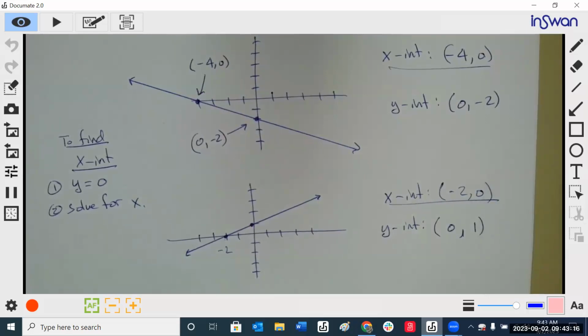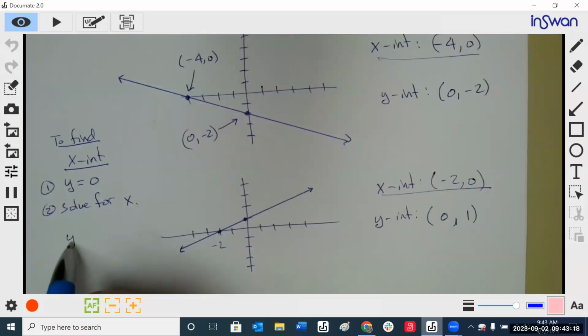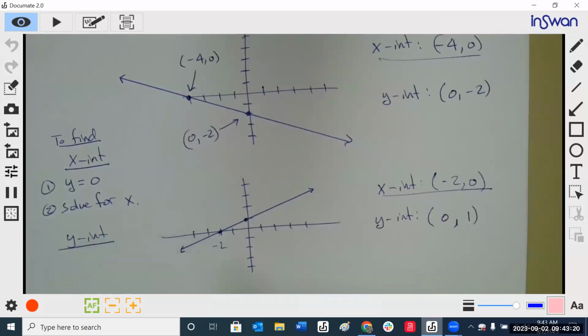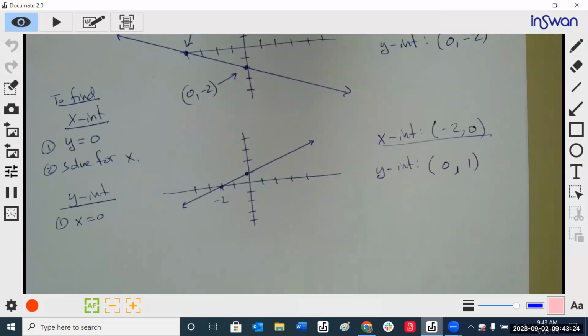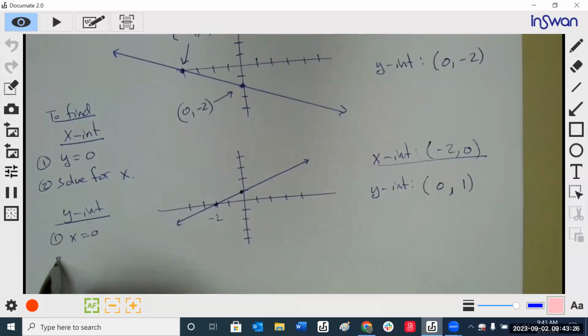Set y equal to 0, solve for x. How about the y-intercept? What do they have in common? X equals 0. So set x equal to 0, and then solve for y, right? That's if I give you a graph.